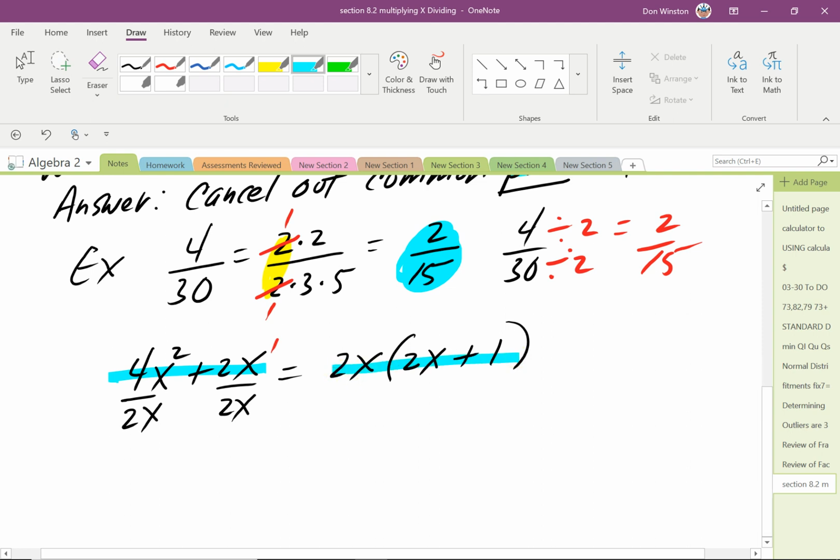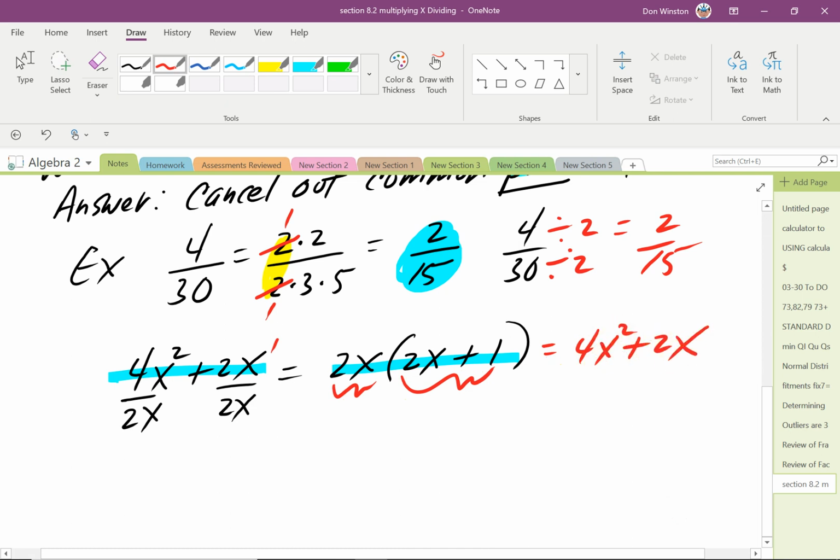So when we reduce or simplify rational expressions, we have to write these polynomials as a product of its prime factors. Now, a common mistake students will make: 2x we would say is a factor, and 2x plus 1 is a factor. So those are the factors of 4x squared plus 2x.